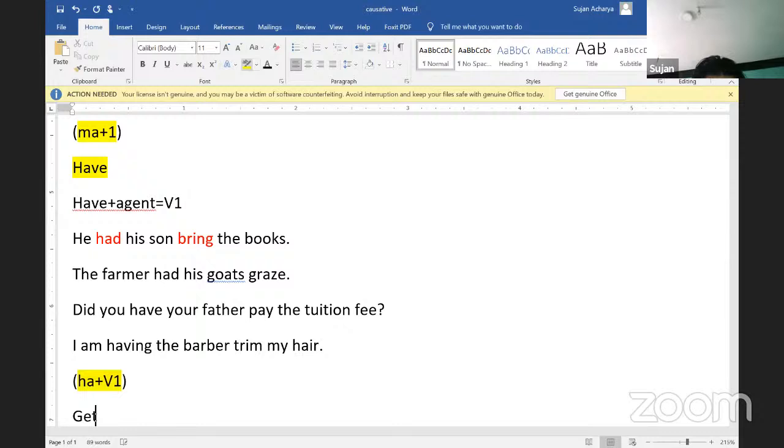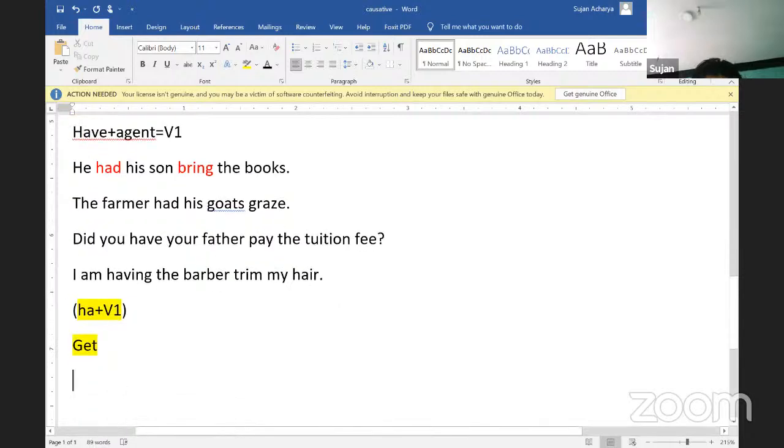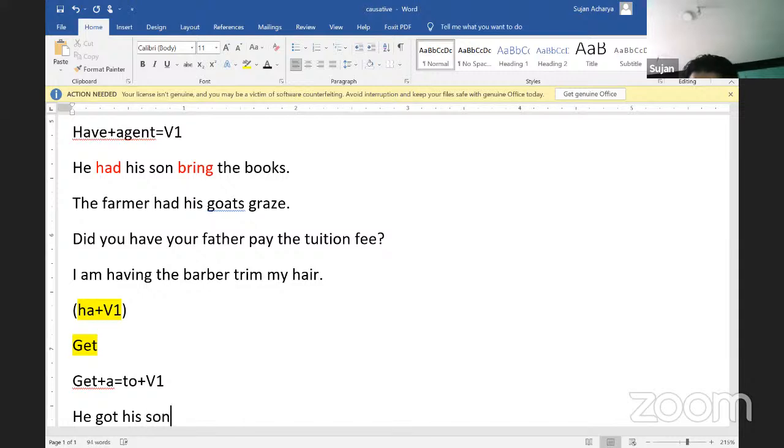Let's begin with the agent. Get verb. Get plus agent takes 2 plus V1. Example, he got his son to bring the books.